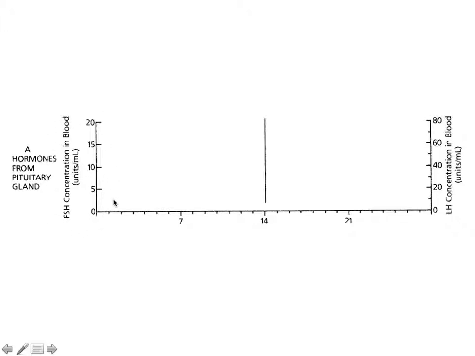We are going to be using the one on the left, which monitors FSH. If you look at table 1, it takes FSH on days 1 through 14, so I'm only going to be plotting for this portion of the line. I need to use this as my y-axis and this as my x-axis for that segment. And then I have two questions.